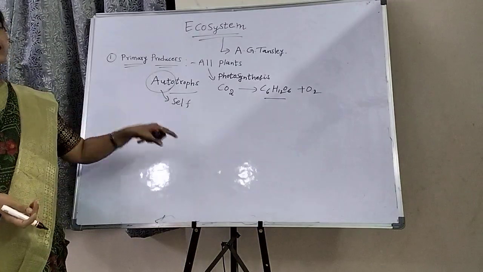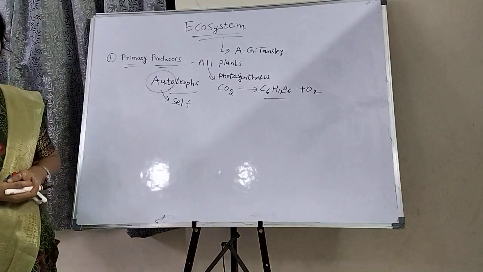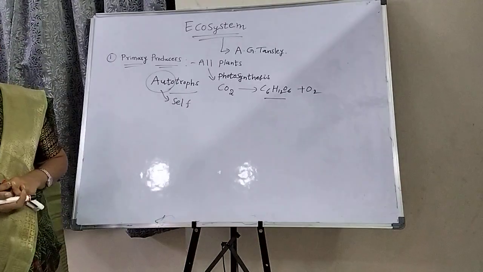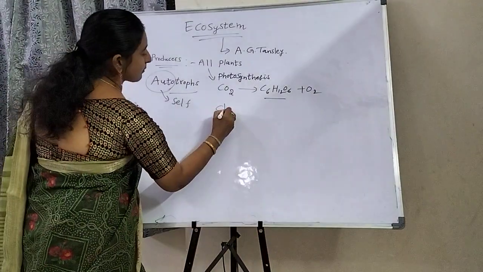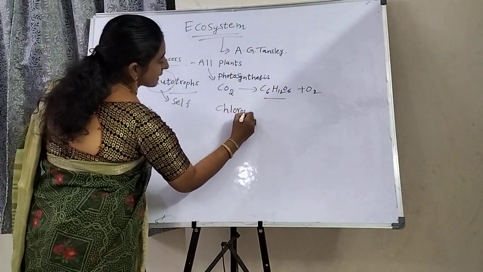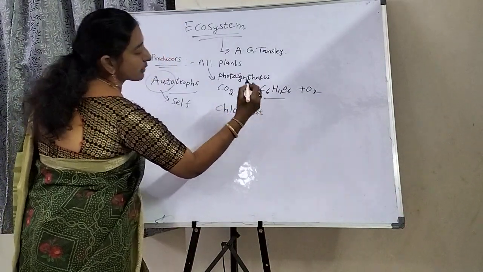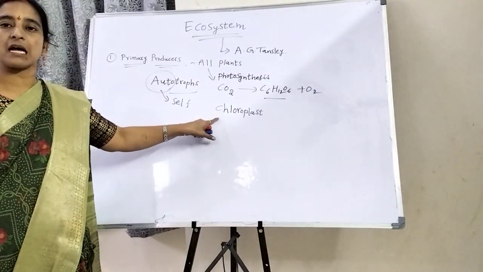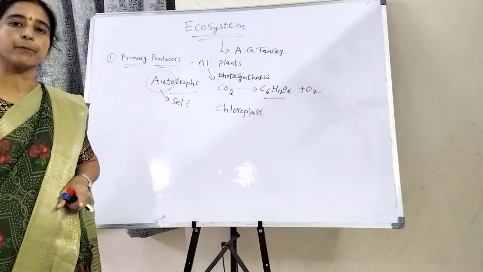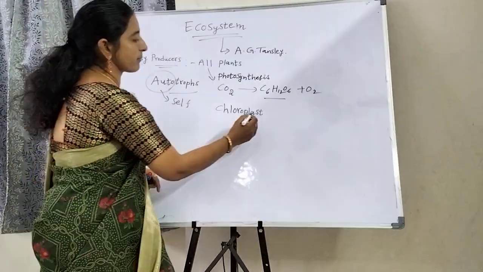Inside the plant there are also special organelles, the chloroplasts. With the help of chloroplasts, they prepare their own food. Inside the chloroplast there is a chlorophyll pigment.